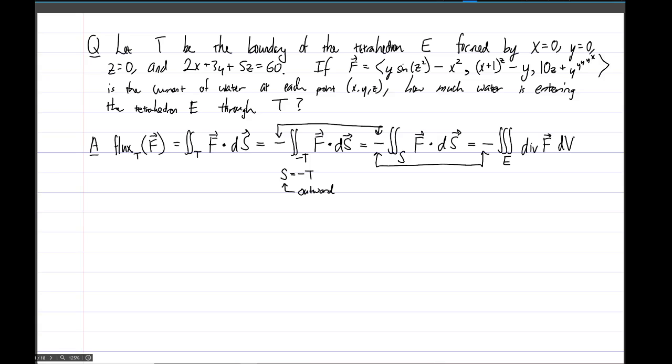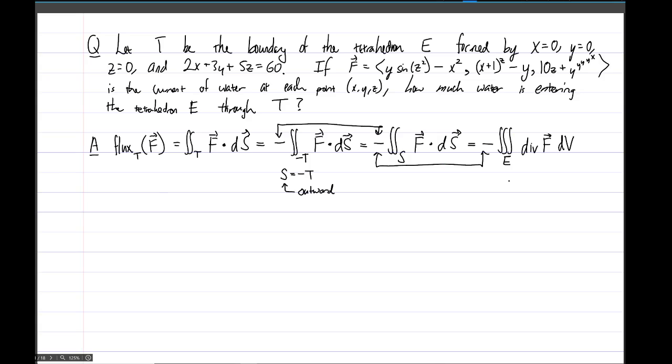Maybe it would be helpful to just pause the video for a moment and give it a try on your own from here. See if you can implement this dV as a dx dy dz or dz dy dx or whatnot. Figure out what the bounds of the integral are, compute the divergence, etc. Maybe pause the video for a second.